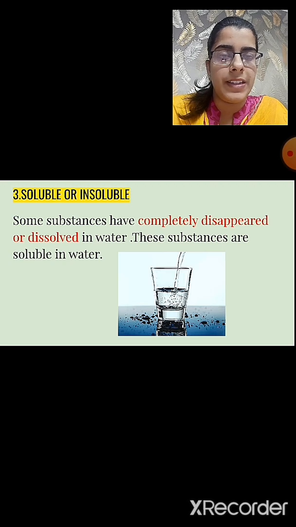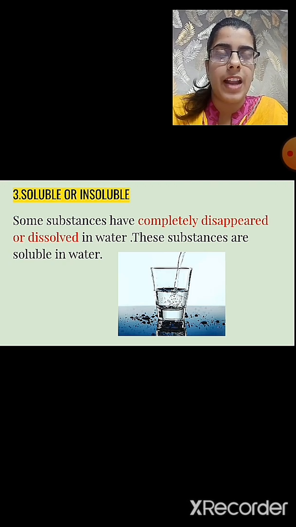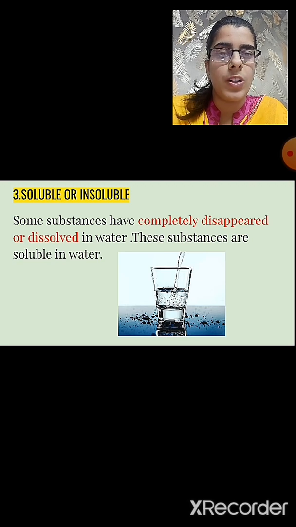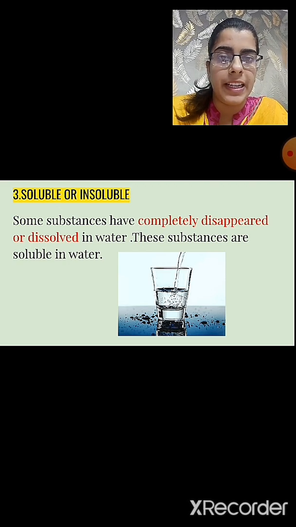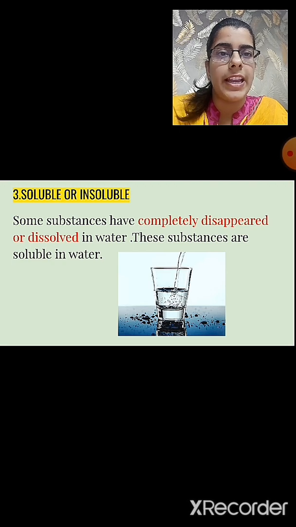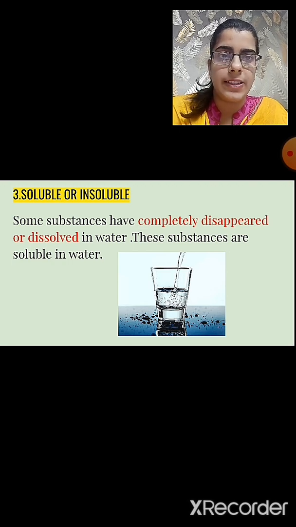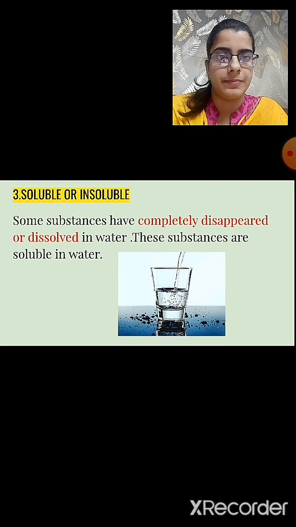Now, if we take salt and try to dissolve it in water, what will happen? You will find that the salt will get dissolved in water, that is, it completely disappears. So those substances that completely disappear or dissolve in water are known as soluble substances.